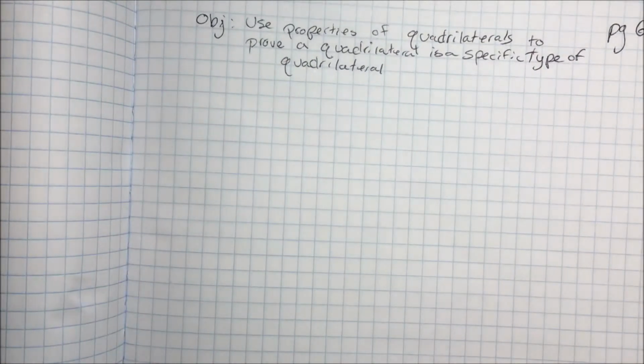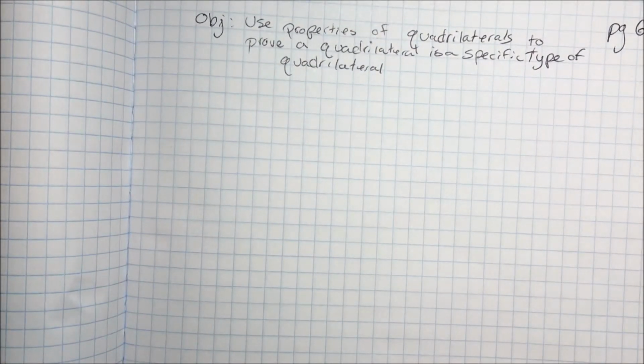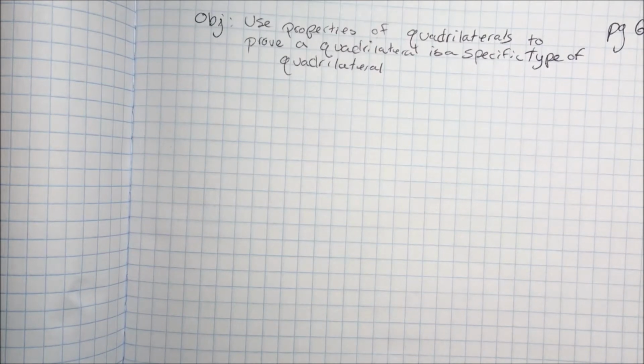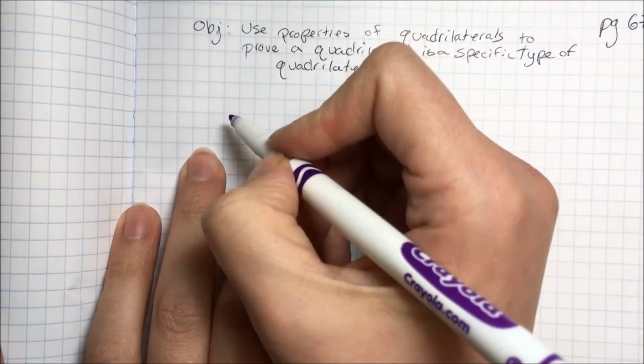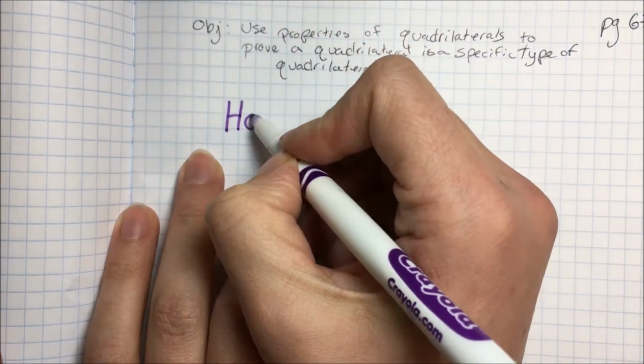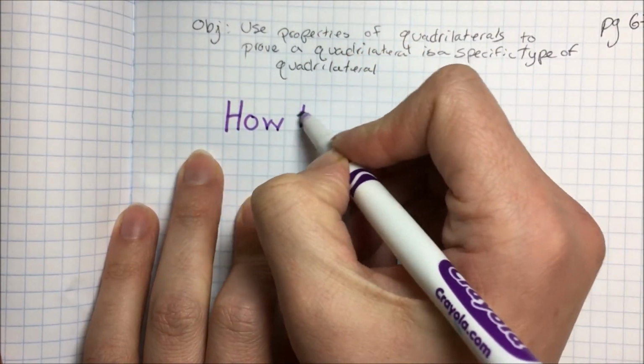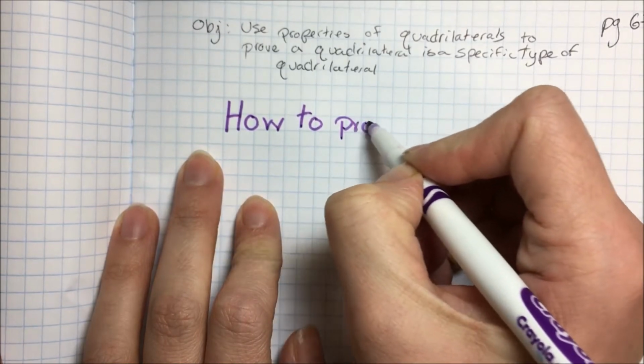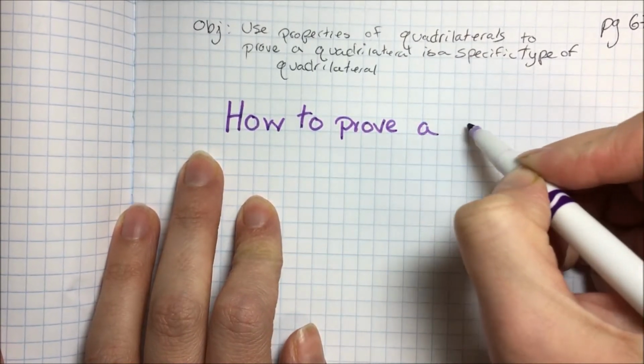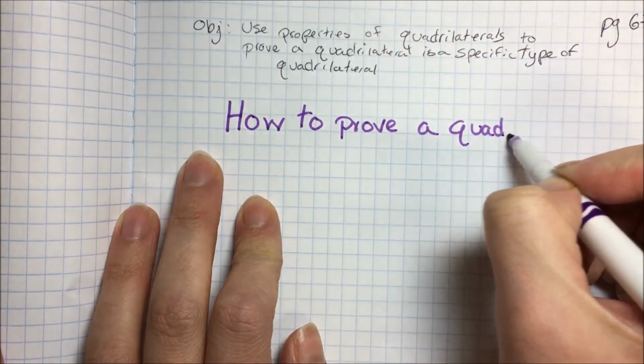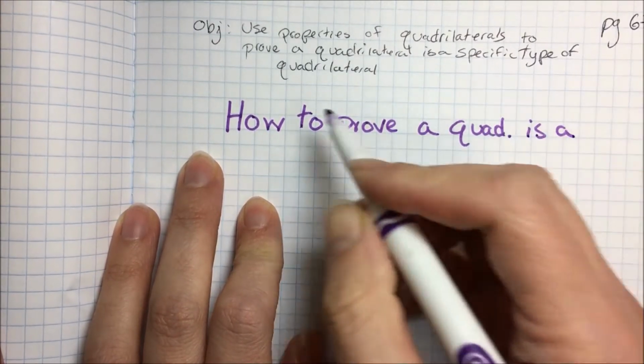All right, so how to prove a quadrilateral is a trapezoid.